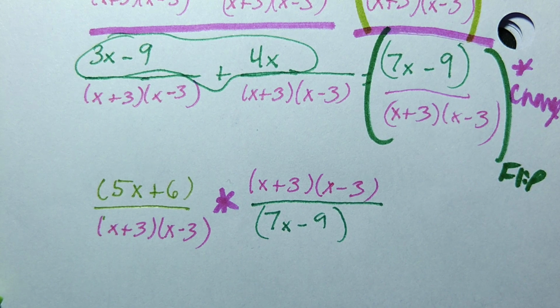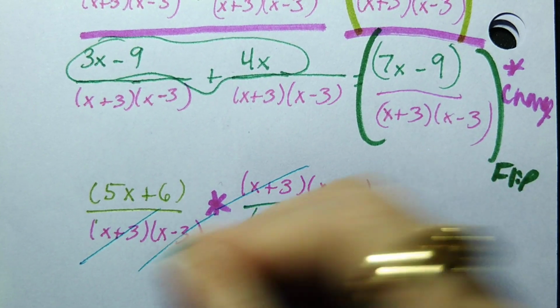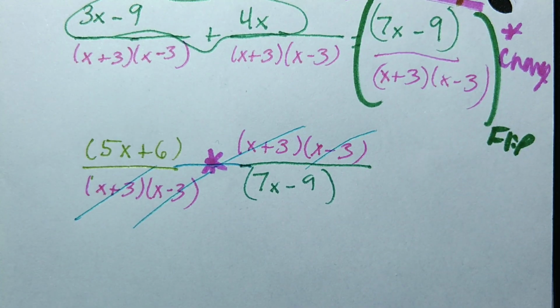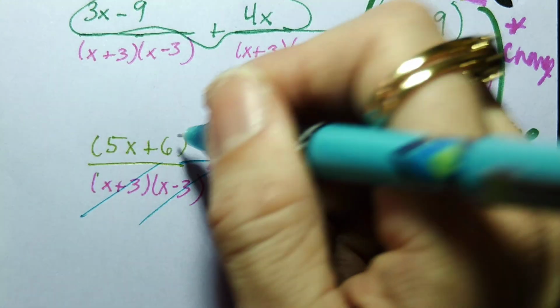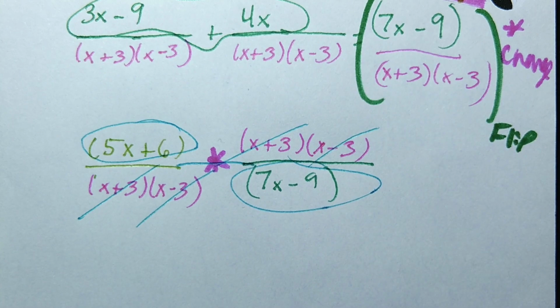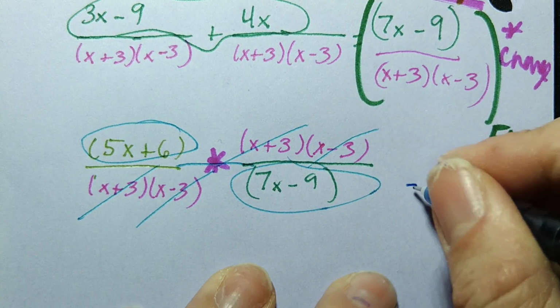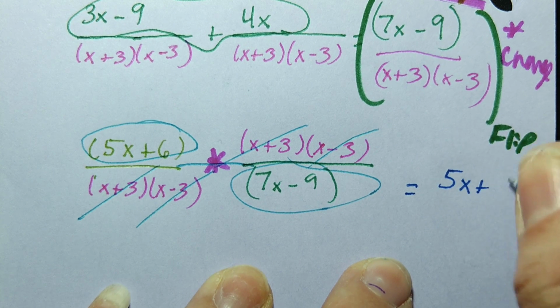So cross-simplifying wise, goodbye to the x plus 3 and the x minus 3, since these are all joined by multiplication now. So the only thing I have left is the 5x plus 6 over the 7x minus 9. And that is our final simplified answer.